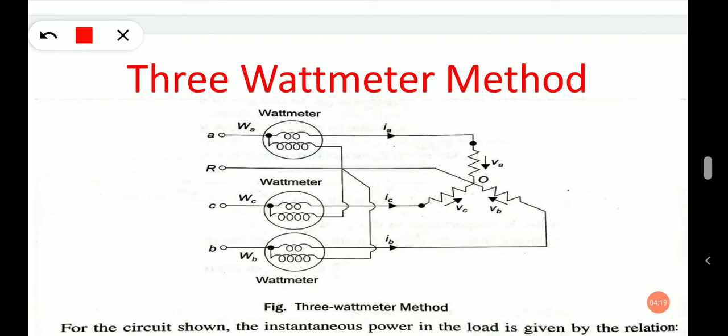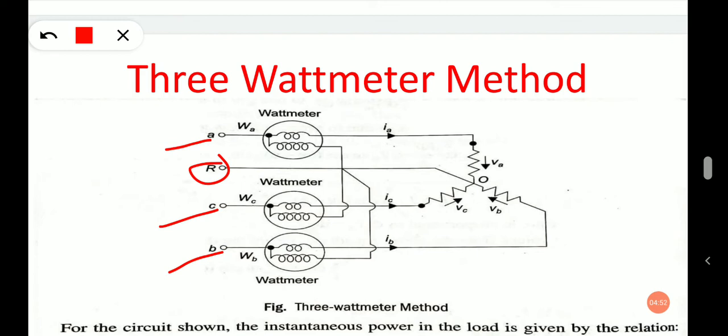Okay, this system used is a 4-wire system. Four wire means 3 phase plus 1 neutral. Here you can see 3 phases A, B, C and 1 is for neutral.